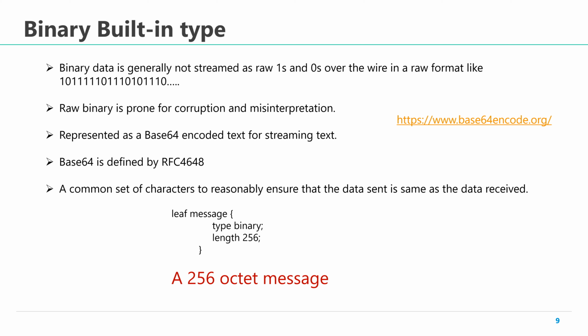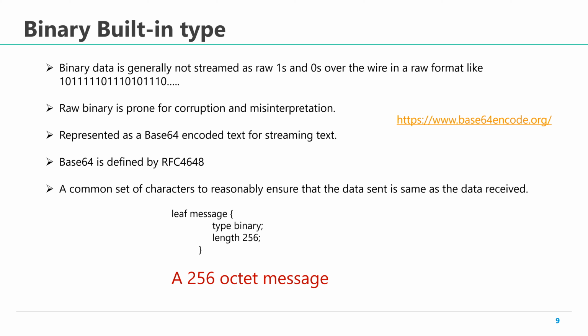A textual format is a convenient way of representing this, and this will also ensure that the raw data is not exposed on the wire, and it will not be corrupted.